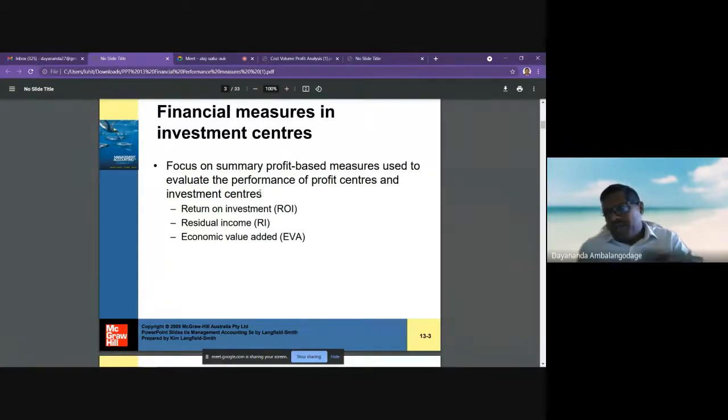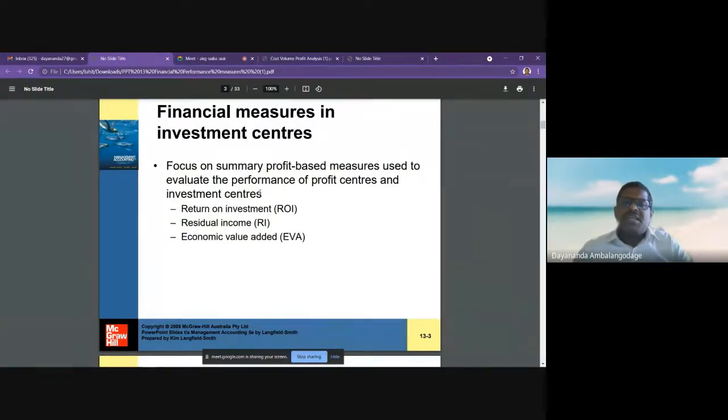So efficiency issues should be addressed. Effectiveness, that is generating revenue, setting price, discussing with customers, quality matters of your product or service, all these are responsibility of yours. Those are the characteristics of profit center.